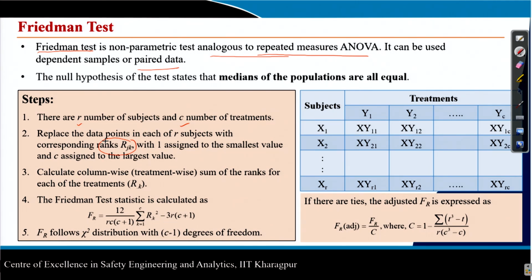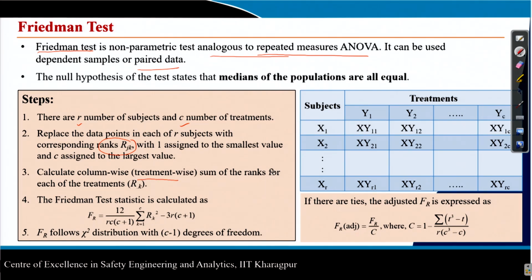That means you arrange them in ascending order and put 1, 2, 3, 4 like this, for each of the R subjects, so every row you consider and do it. 1 is assigned to the smallest, and C is assigned to the largest value, because there are C different treatments. So, C number of ranks for each row or each subject you will be getting. Then calculate the column-wise sum of ranks, because the column is the treatment, that is, the treatment-wise sum of ranks.